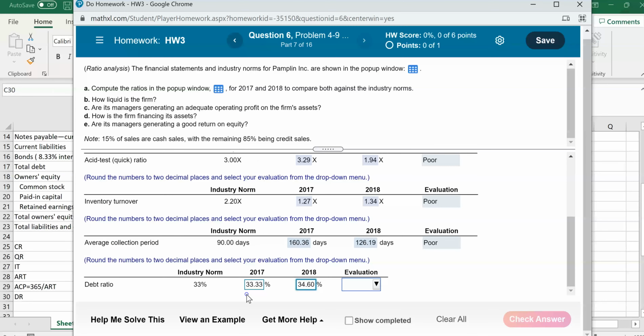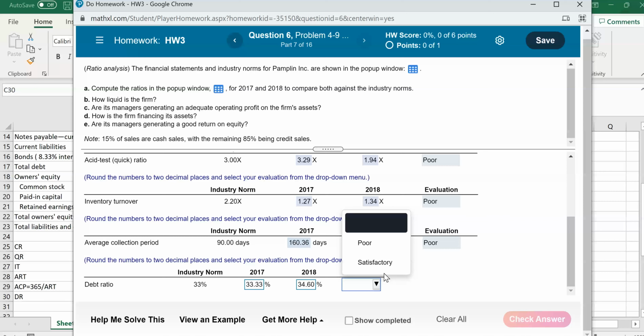And this is larger, right? Firstly, it's increasing over the year, and also both numbers are larger than the industry norm. And we know that when the firm borrows more debt, so I guess this is from the perspective of whether it increases the likelihood of default. So when the firm has more debt, because paying the interest is an obligation for the firm, right?